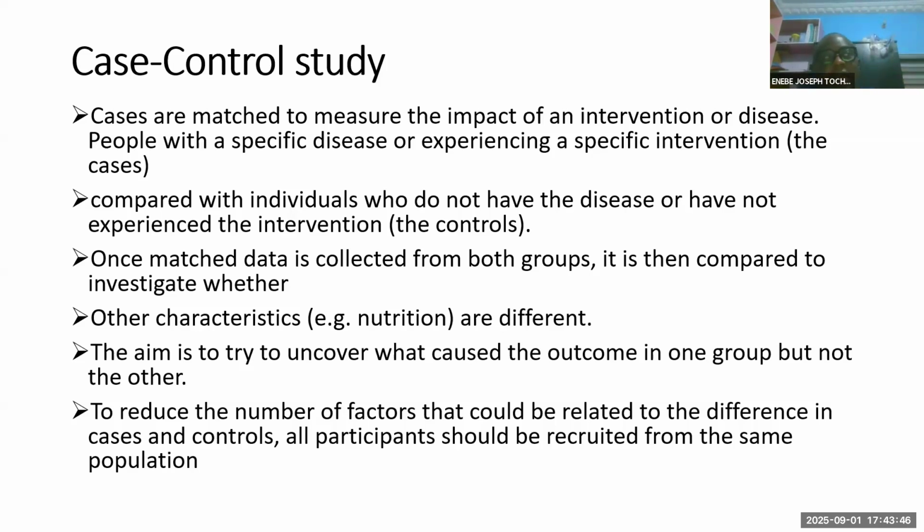Then you ask them, did they use folic acid when they were pregnant? When you do that, it's a case control study because you identify the cases first, get a matching control, and then look back to know whether what you are looking for has occurred in the patient or not.